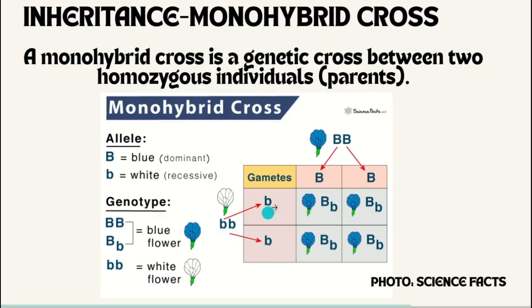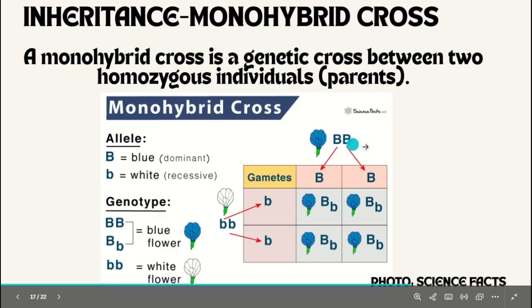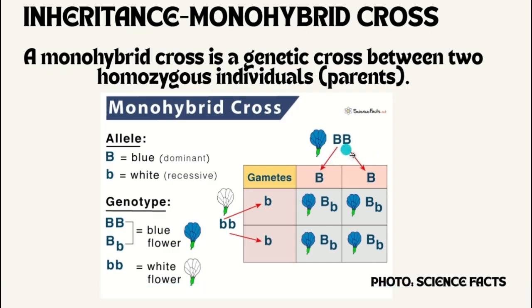If you cross a homozygous dominant with a homozygous recessive, so if one parent had black hair, BB, which goes for black hair, no, forget it, let's do a different example. We're doing flowers in this example. So BB, the big B is blue, which is dominant, and the little b is white, which is recessive.